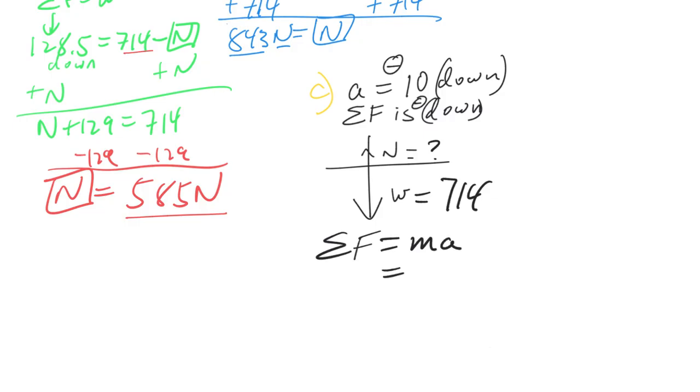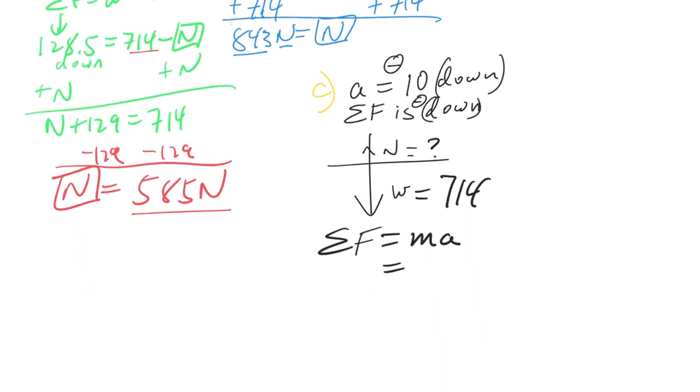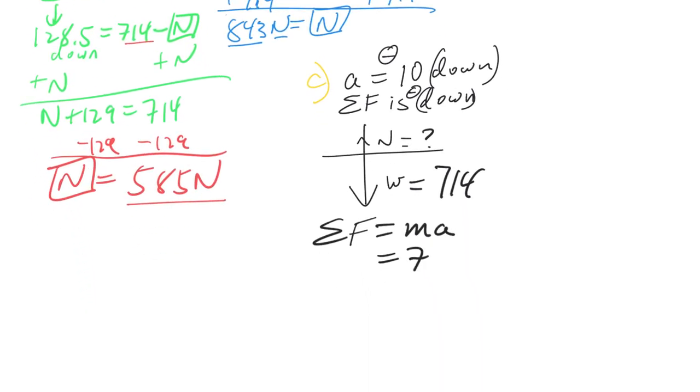So the mass is still 71.4, and the acceleration is 10 down, negative 10 if you want. So that comes out to be 714 newtons down.